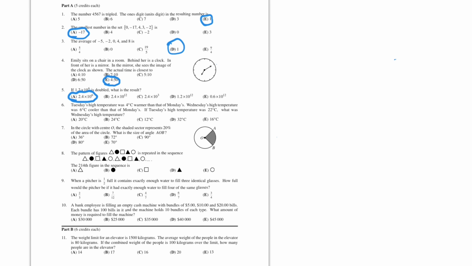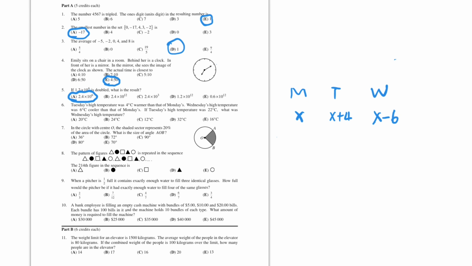So we put the Monday, we don't know the Monday, unknown, we put X. Tuesday is the 4 degrees warmer. That means X plus 4. And Wednesday is the 6 degrees cooler. So Wednesday is X minus 6.